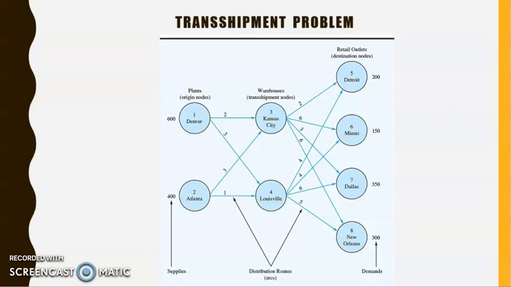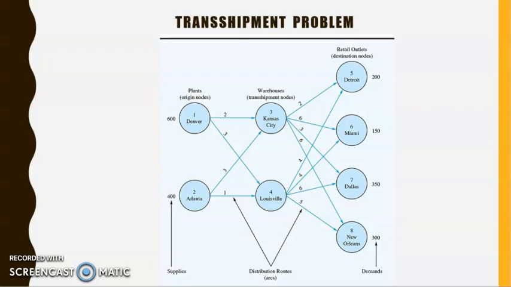As you can see, for transshipment nodes, there is no constraint in terms of demand or supply. Anything that comes into, for example, Kansas City can get out to any of the destinations. Take your time and check this graph you see in front of you before we go further.